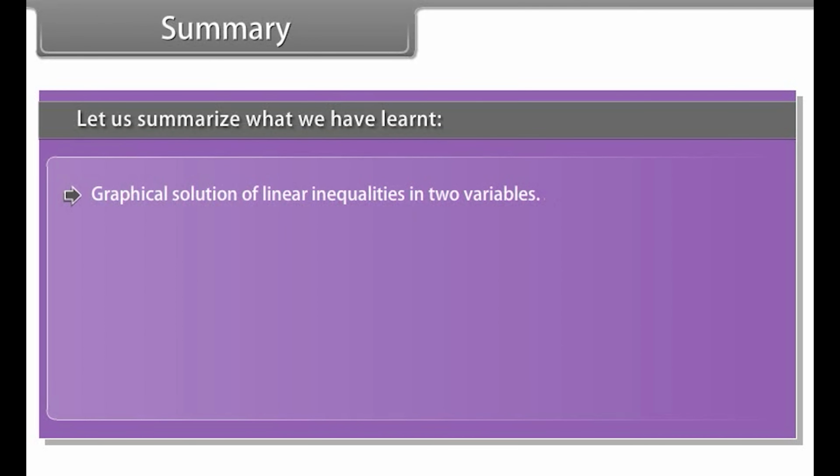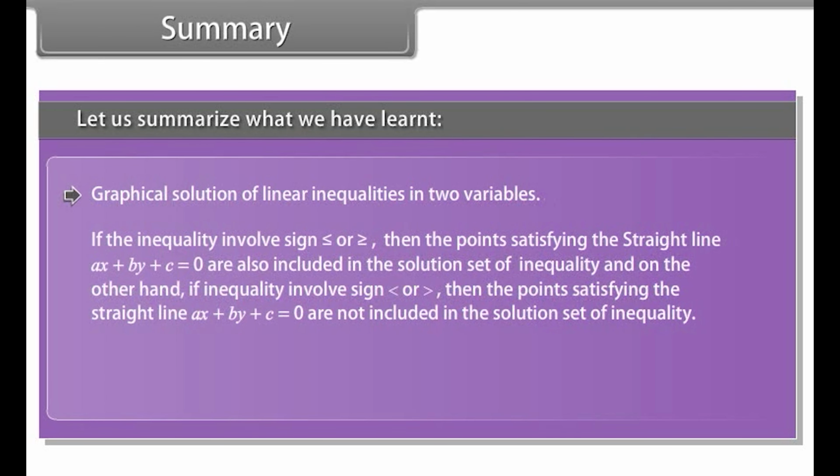Graphical solution of linear inequalities in two variables. If the inequality involves the sign less than or equal to or greater than or equal to, then the points satisfying the straight line ax plus by plus c is equal to 0 are also included in the solution set of the inequality.